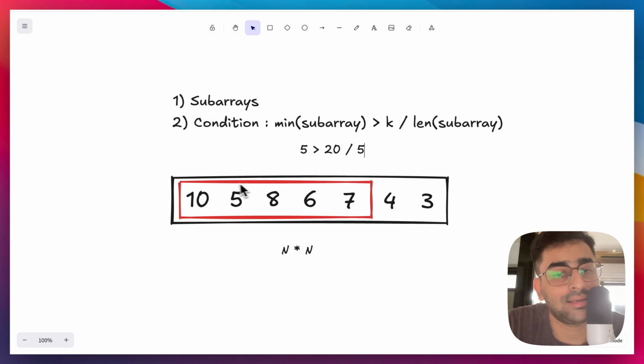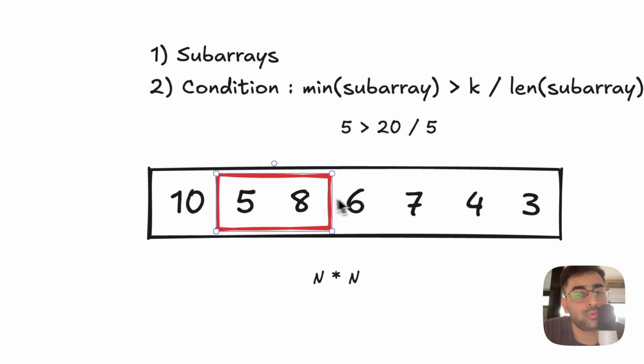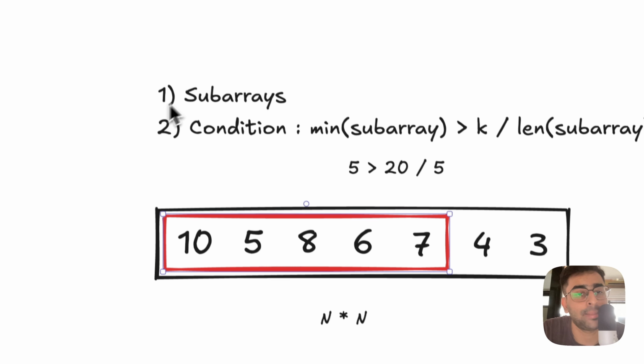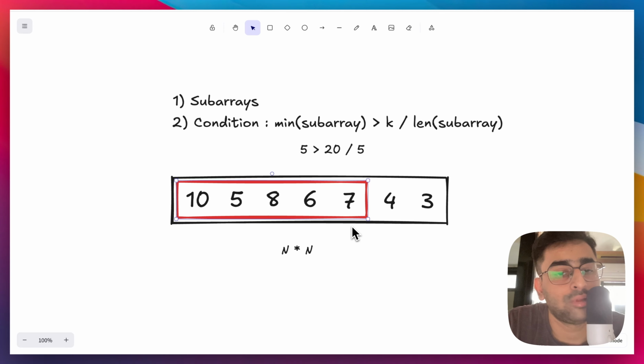Now you might say that this is also an n square approach because first you are fixing one element as the minimum element and then you are expanding the right hand side and the left hand side of this window in order to get the maximum length subarray. But you need to notice one thing.